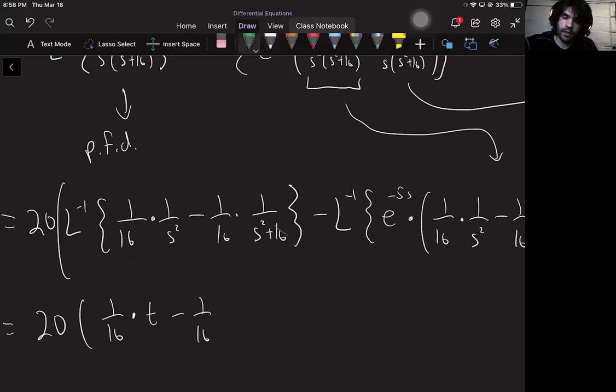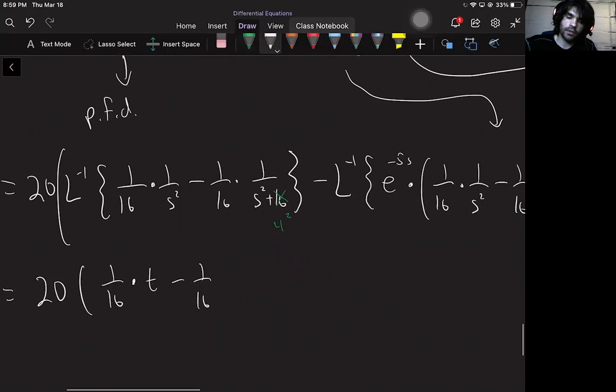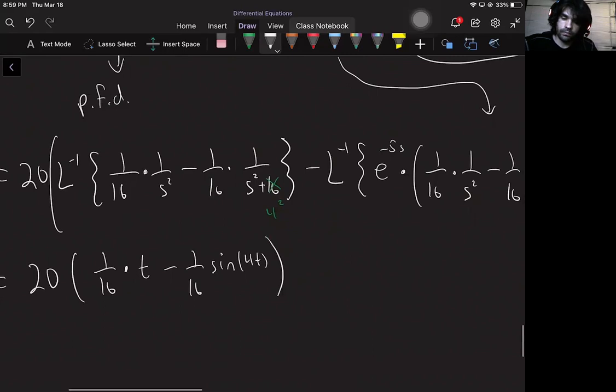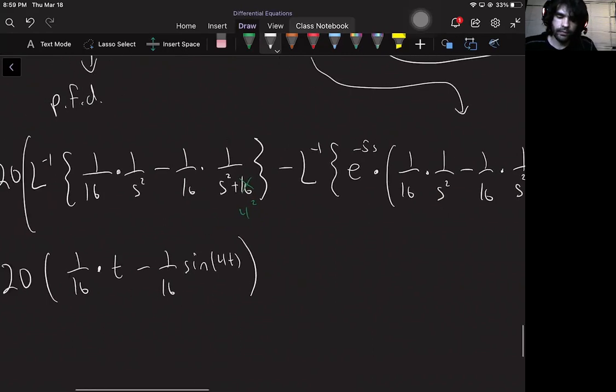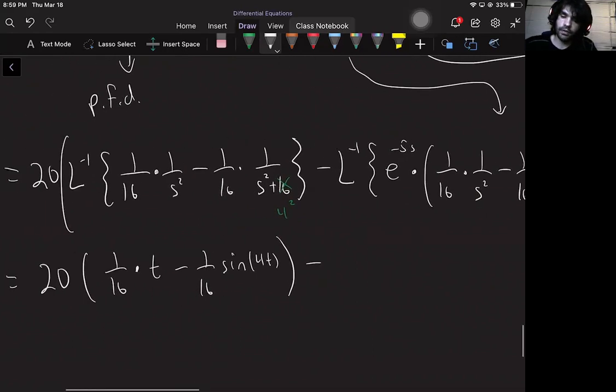So the 16, I'm going to write as 4 squared. And then it's sine of 4t. If you look it up in the table, this will be sine of 4t. Okay, so that's that. Nice and done.